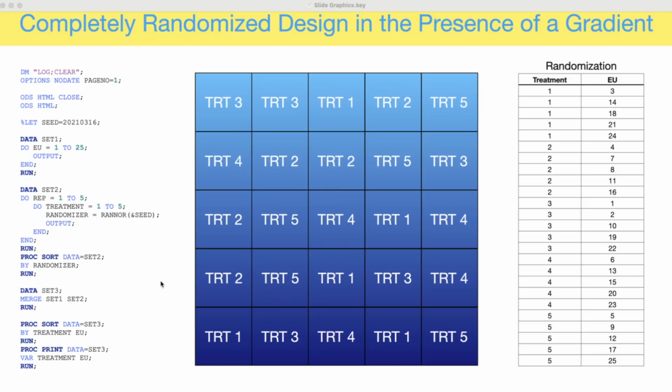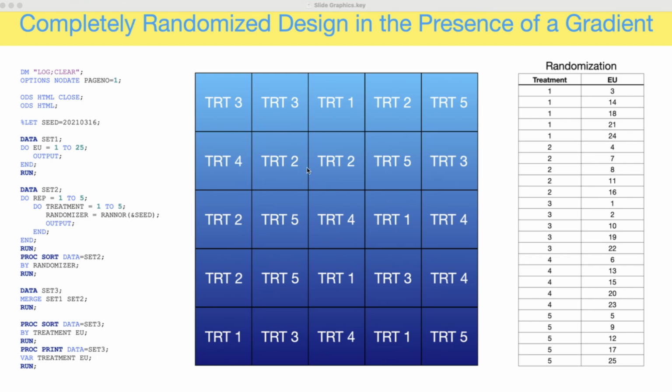For example, if we look at this experimental unit that I am circling here, which has received treatment 2, the impact we're going to see on the response is influenced not only by treatment 2, but also by the lighter shade of blue.